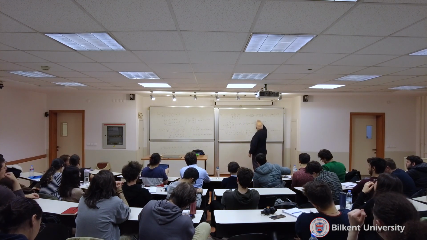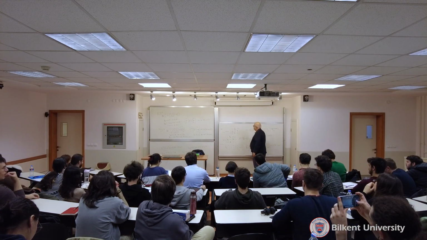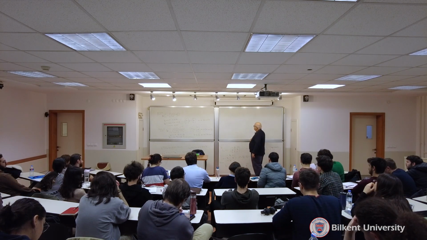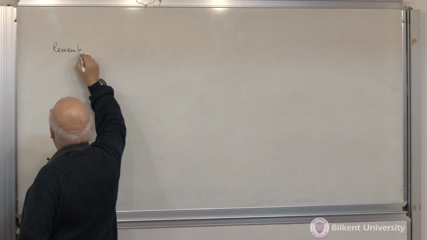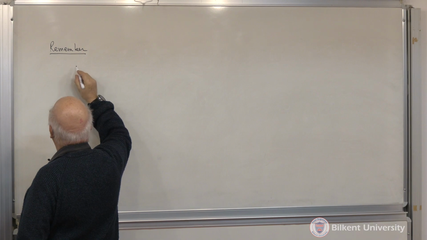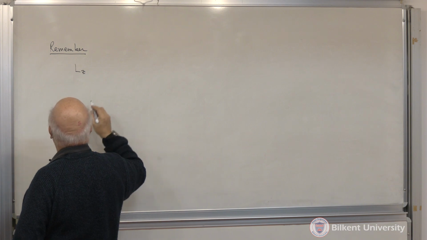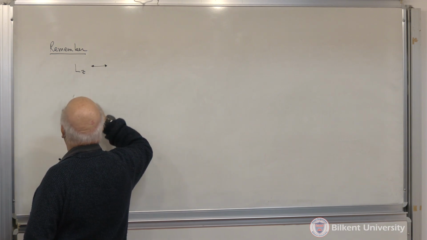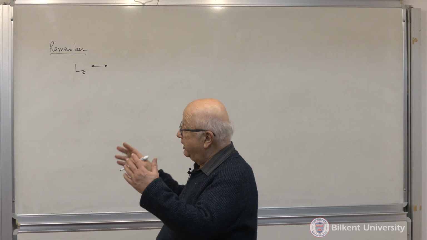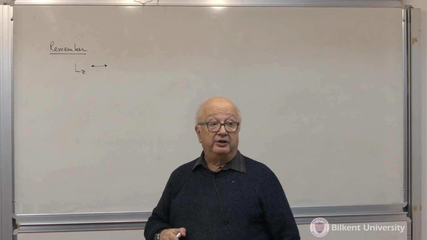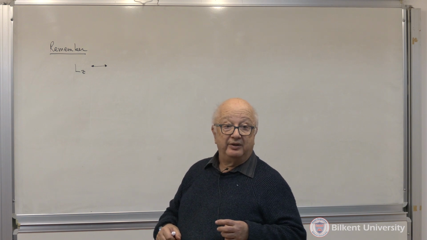So let's return back to our experiment. Before we even do that, let me just say, remember that for any of these original operators, Lz, for example, this was associated with a matrix which is diagonal, because all of this is in the basis of the operators L squared and Lz.